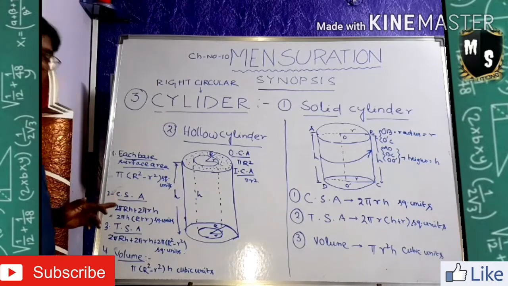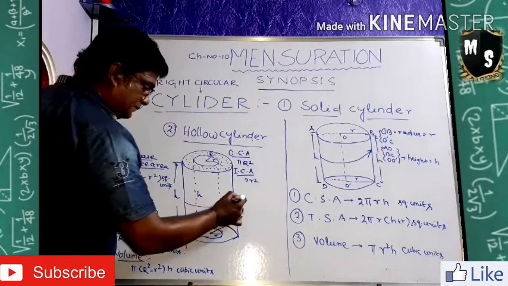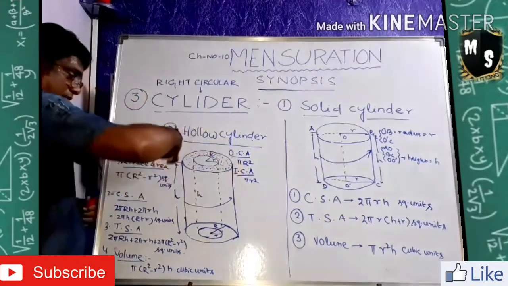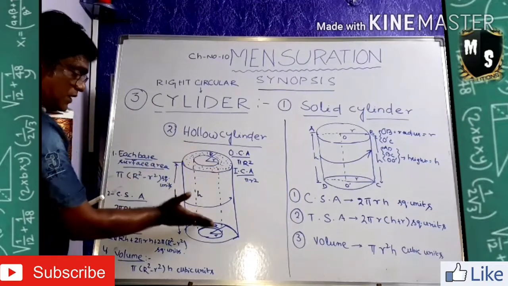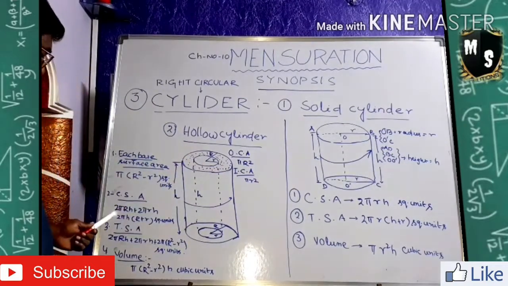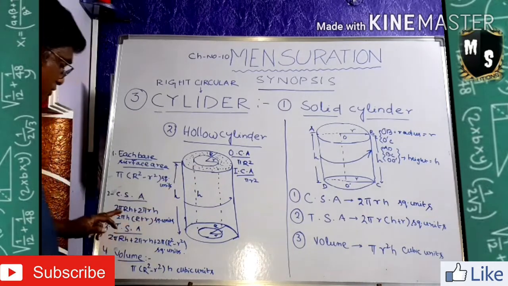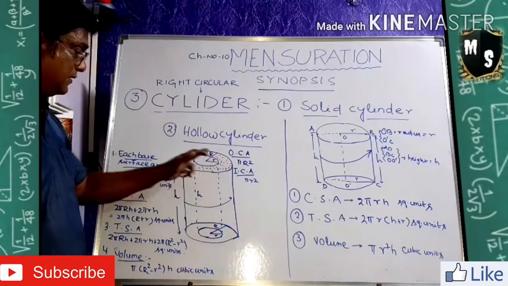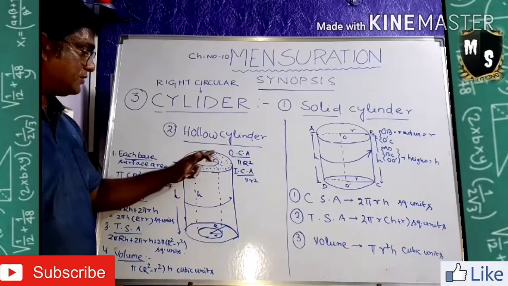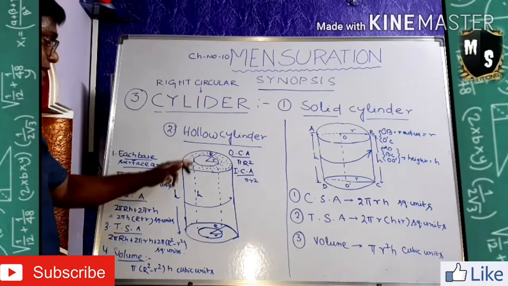Now you go for the curved surface area. Curved surface area means this area, and the back side also up to this much. That is 2 pi RH. 2 pi big RH means the outer cylinder, where the radius is bigger. So outer cylinder surface area plus inner cylinder surface area.